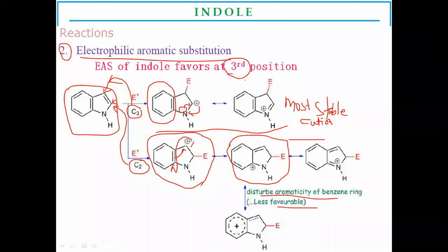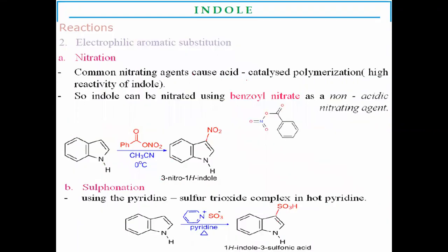The electrophiles are substituted on indoles. Let's see the electrophilic substitution reactions. First is nitration. In nitration, there is a substitution of a nitro group at the third position. For nitration, acid-catalyzed polymerization can occur with nitrating mixtures.